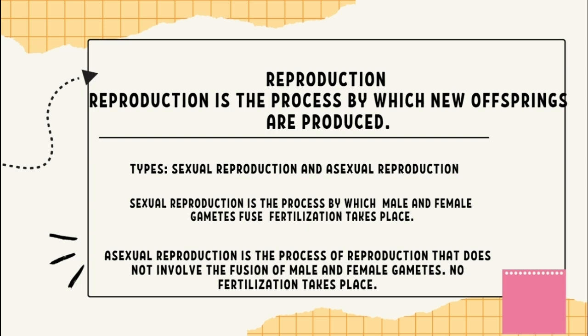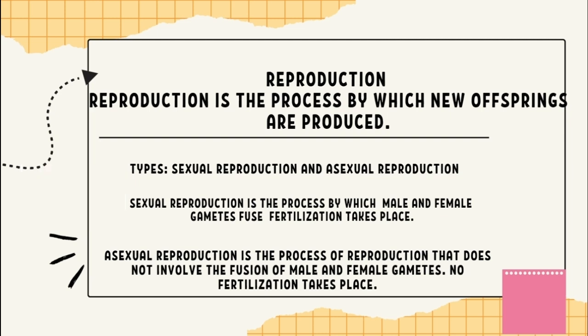One example of an organism that can reproduce asexually is plants. Plants don't need 2 separate genders, they don't need any gametes to fuse in order to have offspring, in order to have new plants being produced.